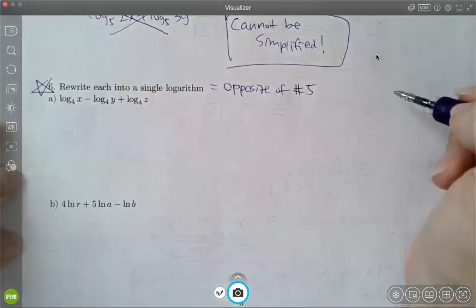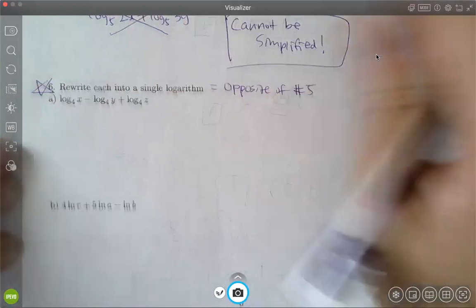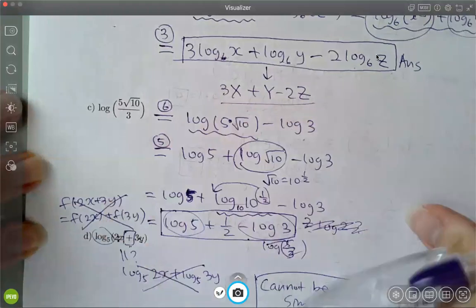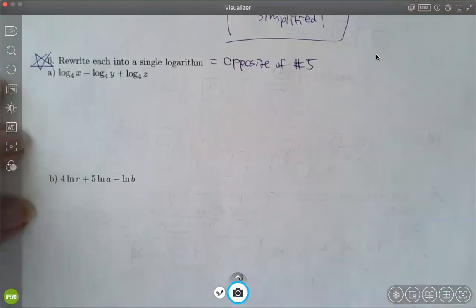And now what do you have to do? Combine them into a single log, something like this. Well, you can do the same thing, but now you have to apply the rules backwards. So first, part A, log 4x minus log 4y plus log 4z.